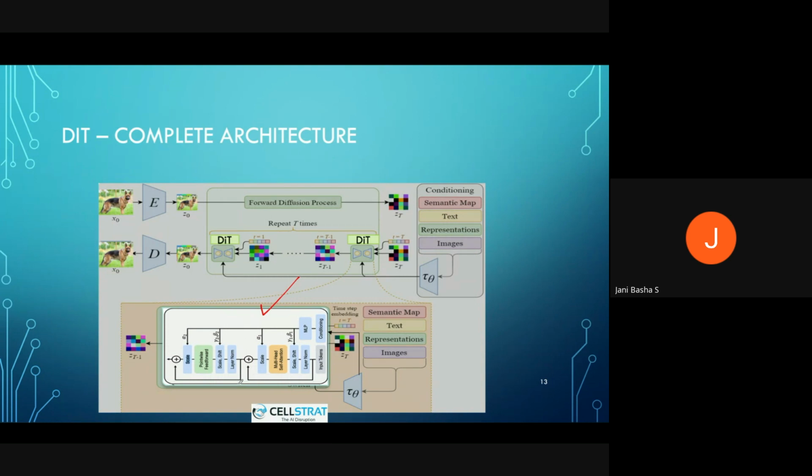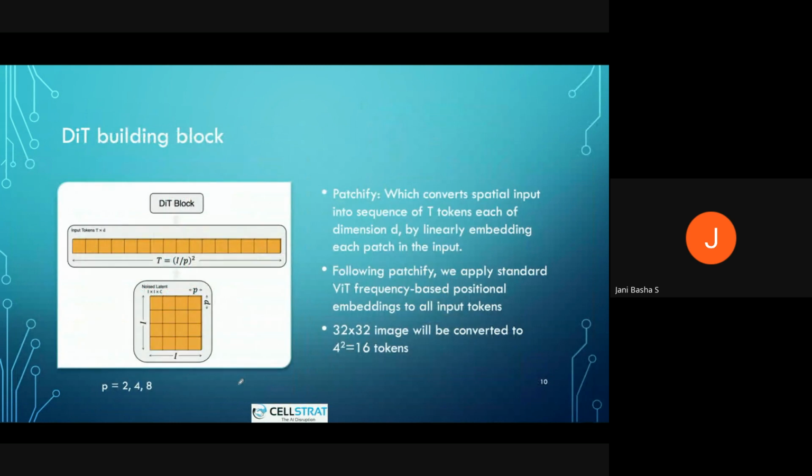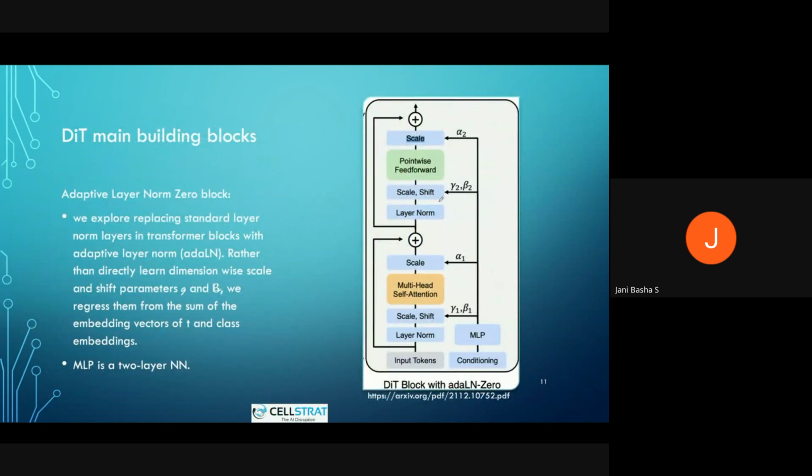For enabling the transformers to work on the diffusion process, they have made some changes to the architecture. If you remember the transformer architecture, there won't be this part. So this red part is the new thing.